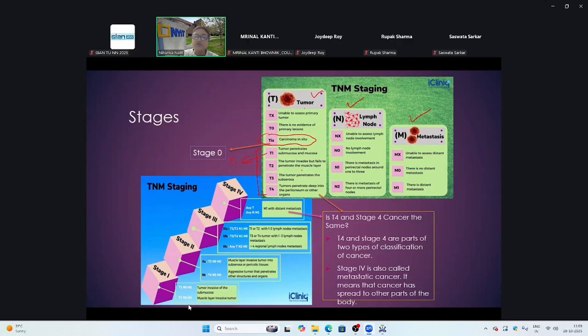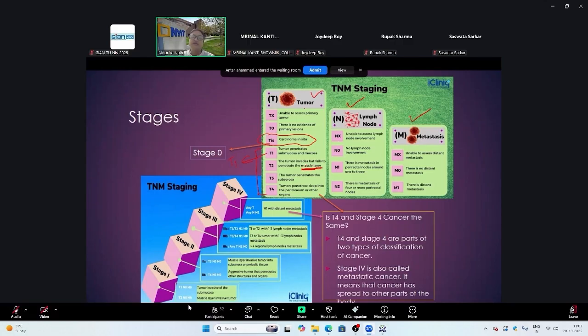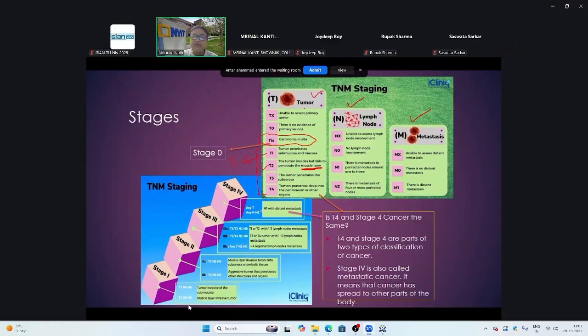Then if it goes into the next muscle layer, before it gets into the blood, that would be T2. Then just outside the muscle layer there would be the serosa, the subserosa, and then it can go into organs. So T1 to T4 surely means the cells have penetrated and left.